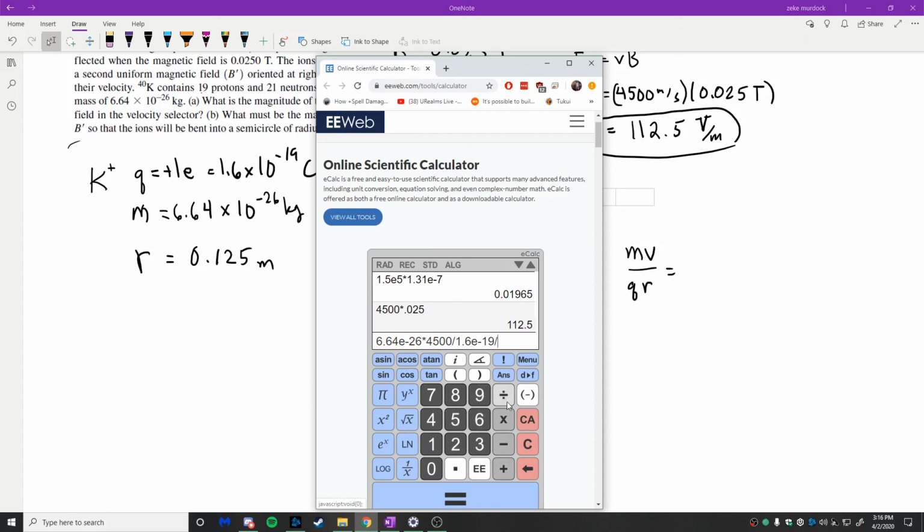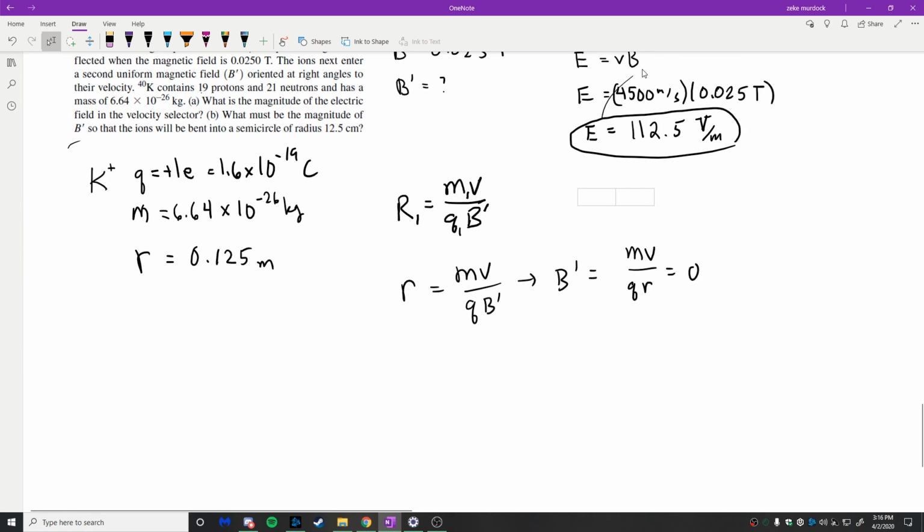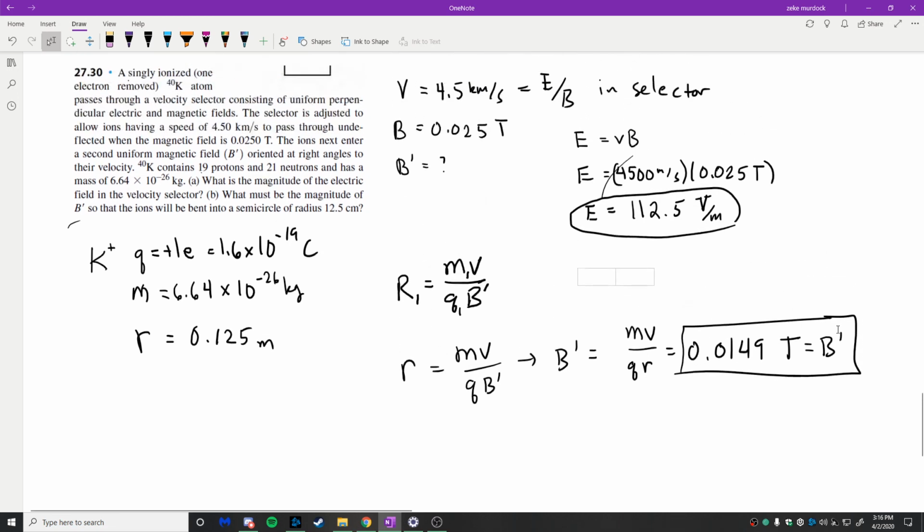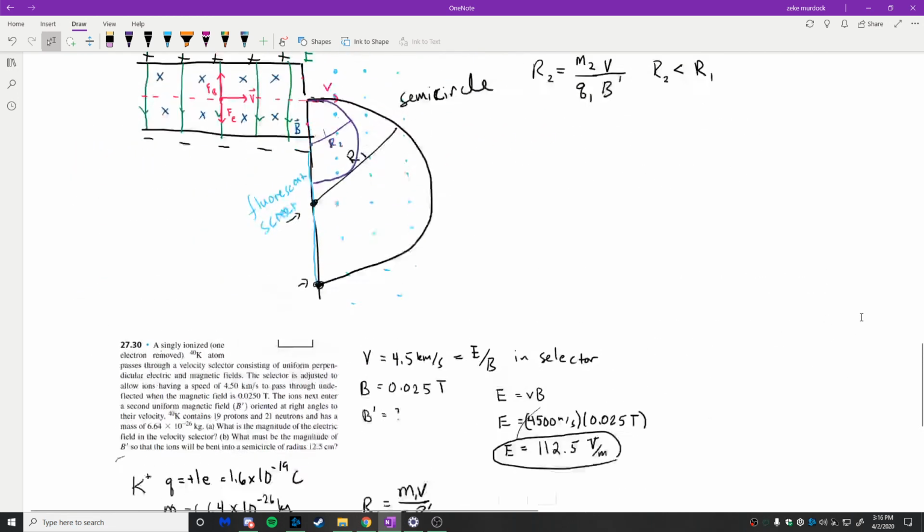And then divide by the radius, which was 0.125. And that is 0.0149 Teslas. That would be the magnitude of the magnetic field in the outer region, which would be like this region out here.